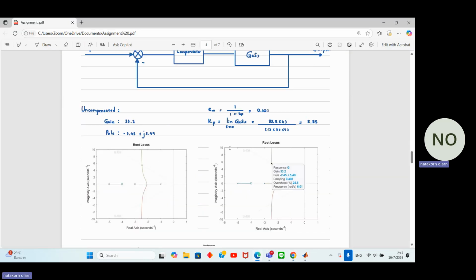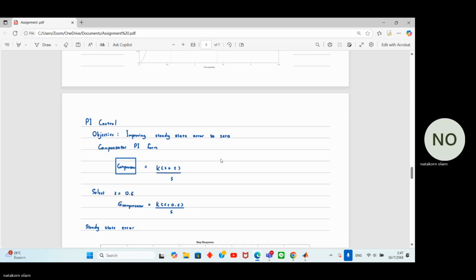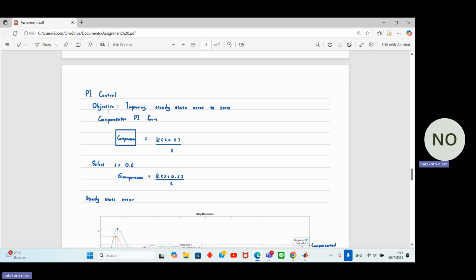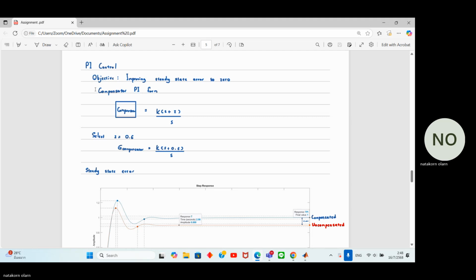So let's get started with the first control, which is PI control. My objective is to improve the steady state error to zero, which means no error in the system. I designed the compensator in PI form.